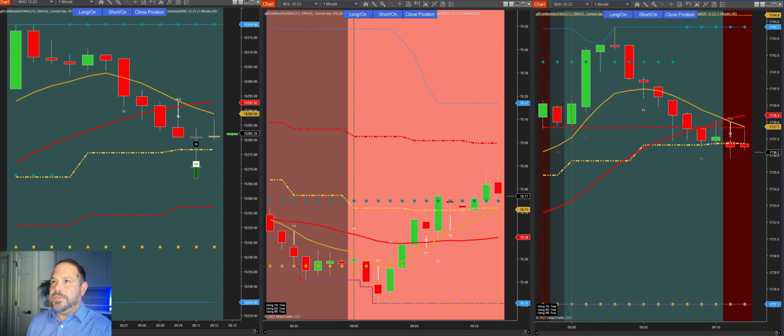Order canceled. So right there we had a trade set up on the NQ or the MNQ, which was a pullback to the 5-minute gold line, but we did not get that. Smaller pullback after that touch.